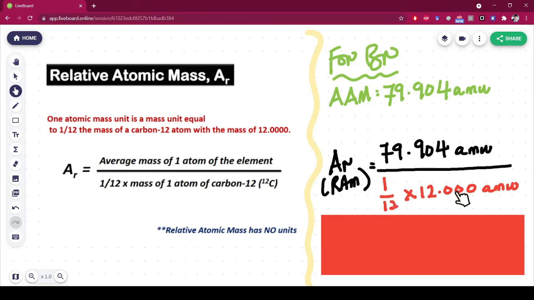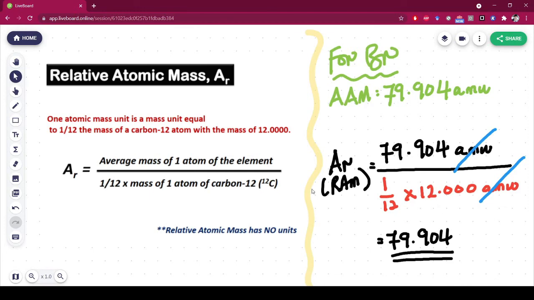The one in red over here will remain constant. You don't have to worry about that. So when you look at this, you will see that 1 over 12 times 12 gives you 1. But the impact of doing this is that the units cancel out one another. And that is the reason why the relative atomic mass does not have units.